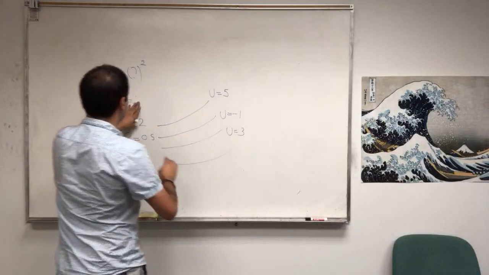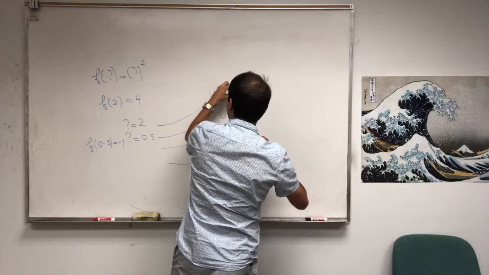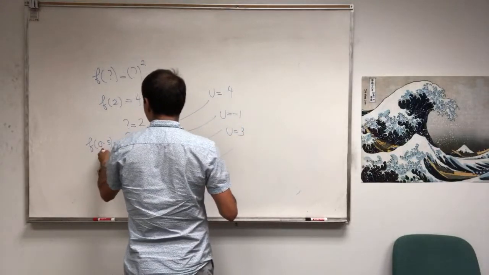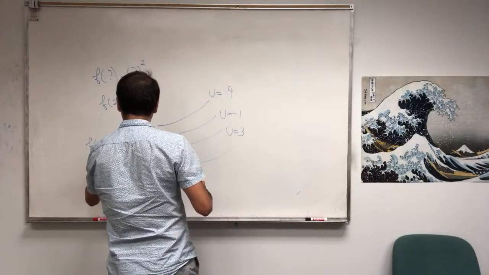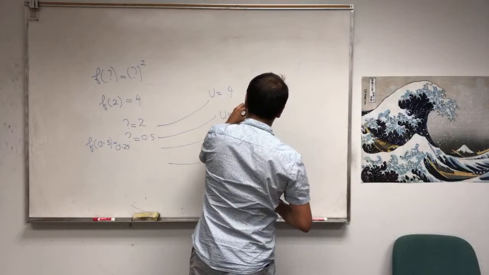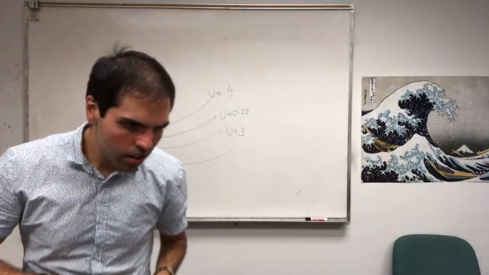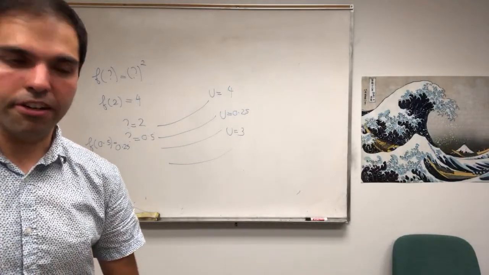Then f of 2 would be 4, which tells us on this curve, u would be 4. Or f of 0.5 is 0.25, then u would be 0.25. Yes, and that's true. It's because f is arbitrary.